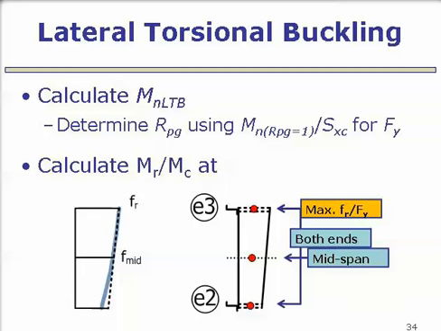We recommend calculating the M_r over M_c ratio at both ends of the tapered members and at the midspan, and at the location where you have the maximum value of F_r over Fy ratio. For this particular case, this location is at the deep end of the tapered member.